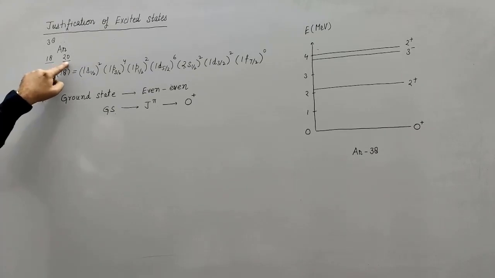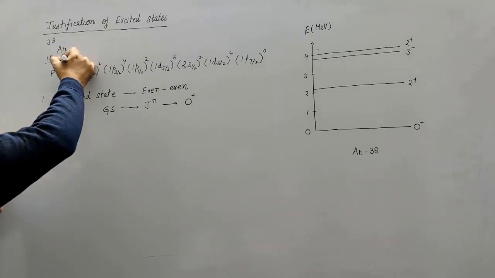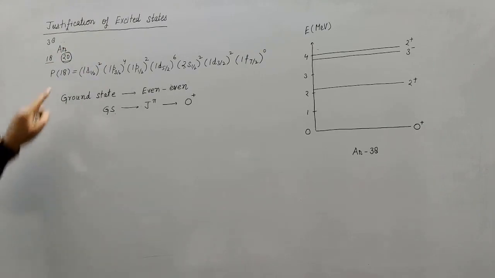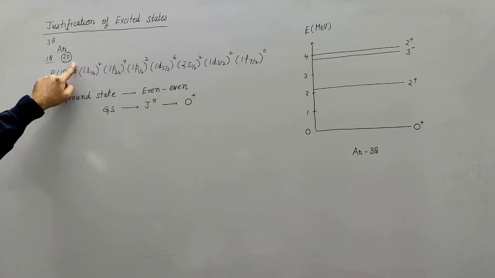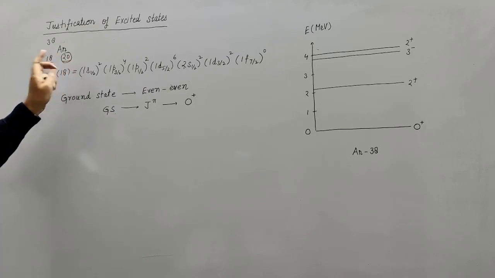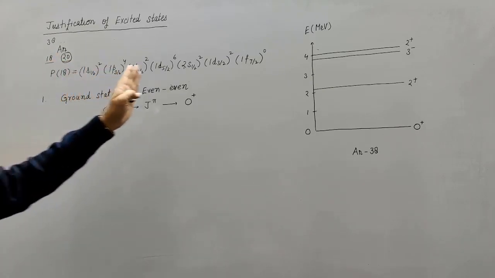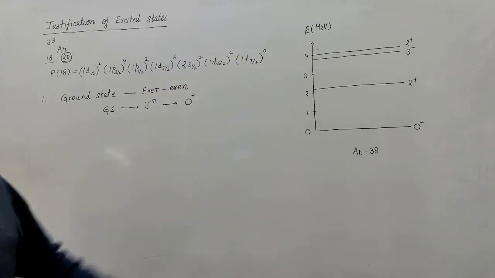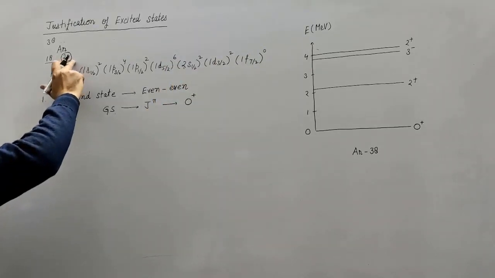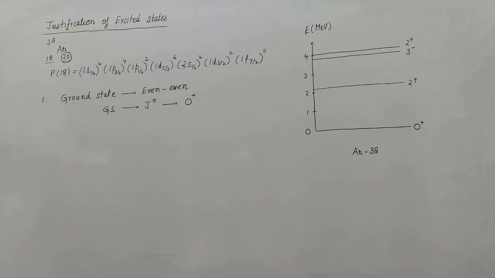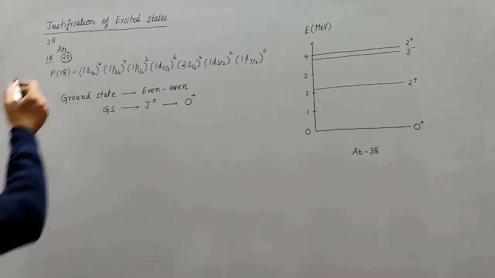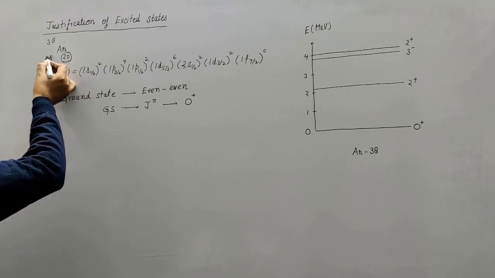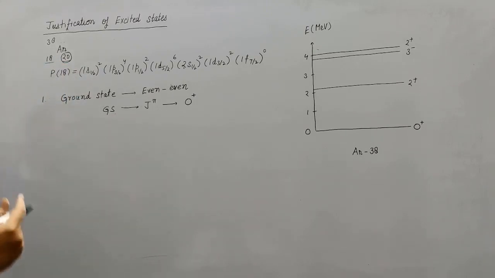What I want to tell you here is that this 20 neutron number is a magic number, so this is a completely filled shell. This represents a completely filled neutron structure. So it is always very difficult to excite the neutron from one energy sublevel to another, because it exhibits a completely filled neutron structure. So automatically it is easier to move one of the protons, whose number is 18, from the lower sub-energy level to a higher sub-energy level. So it is easy.